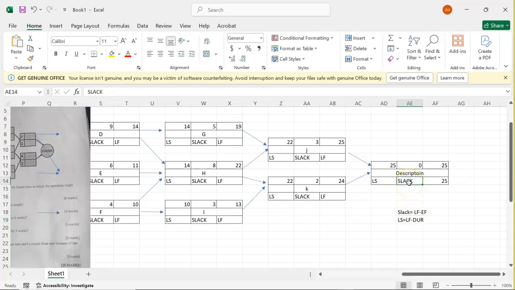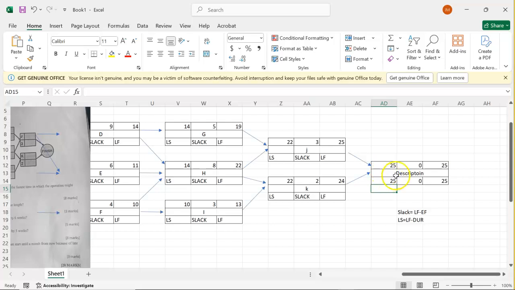So slack here will be equal to 25 minus 25, latest finish minus early finish, which is giving us 0 there. Then latest start is late finish minus duration, so it will be 25 minus 0, which is the duration, which is giving us what? 25 there.